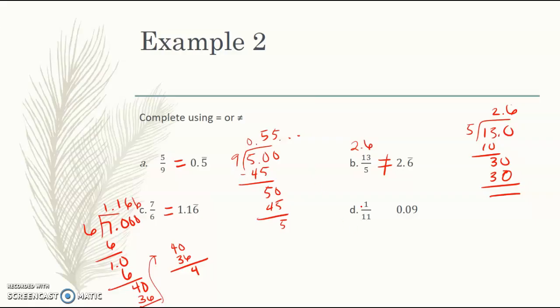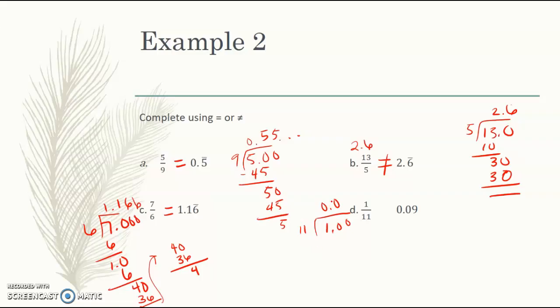Alright, and then we move on to example D, where we're taking 1 and dividing by 11. So then I'm going to put in my decimals, 0. I'm writing right on top of our example. Let's find a nicer place to write. 1 divided by 11. So 11 doesn't go into 10, so we have a 0.0, and then I'm going to add another 0.